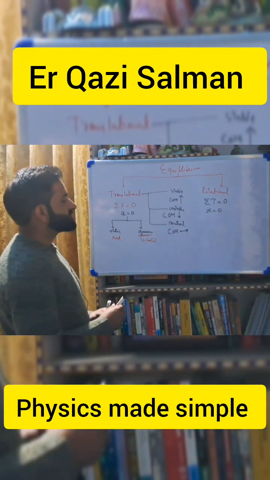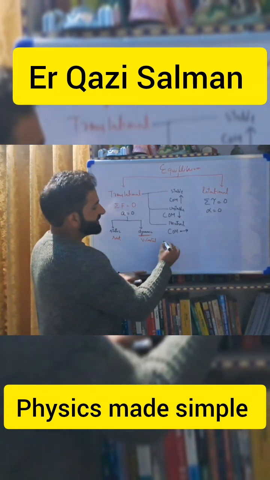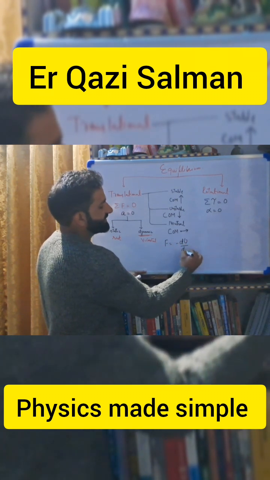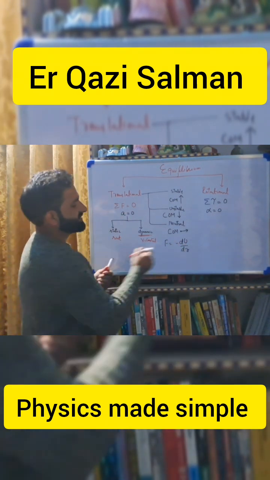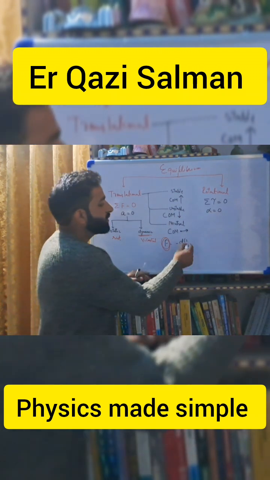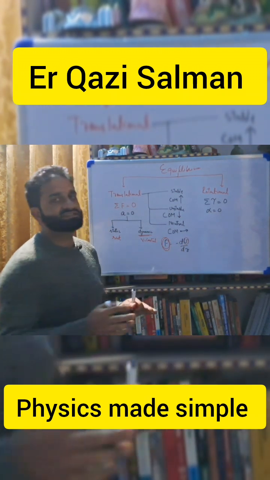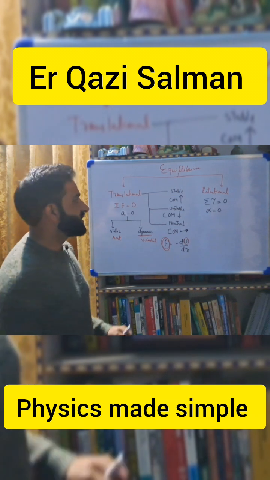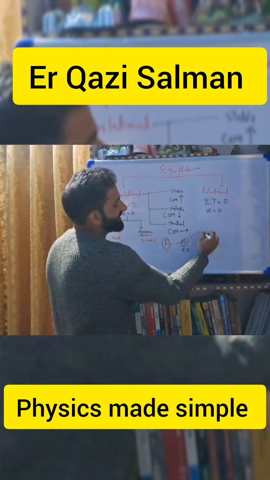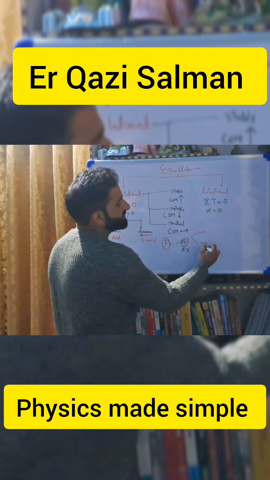Now, we also know that the force is equal to minus dU by dr. In translational equilibrium, the summation of forces is equal to 0, which is possible only when the potential energy is constant, meaning the potential energy is maximum or minimum.